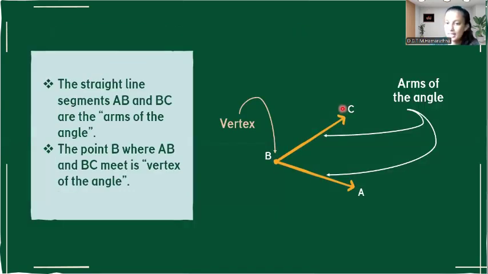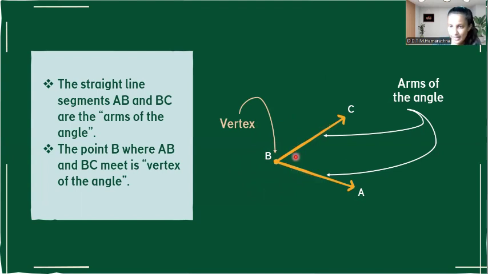So we call these two lines arms of the angle because the angle is formed between them, an acute angle is formed here or a reflex angle is formed here. We call AB and BC the arms of the angle, and the point B, where AB and BC meet to make the angle, we call the vertex.